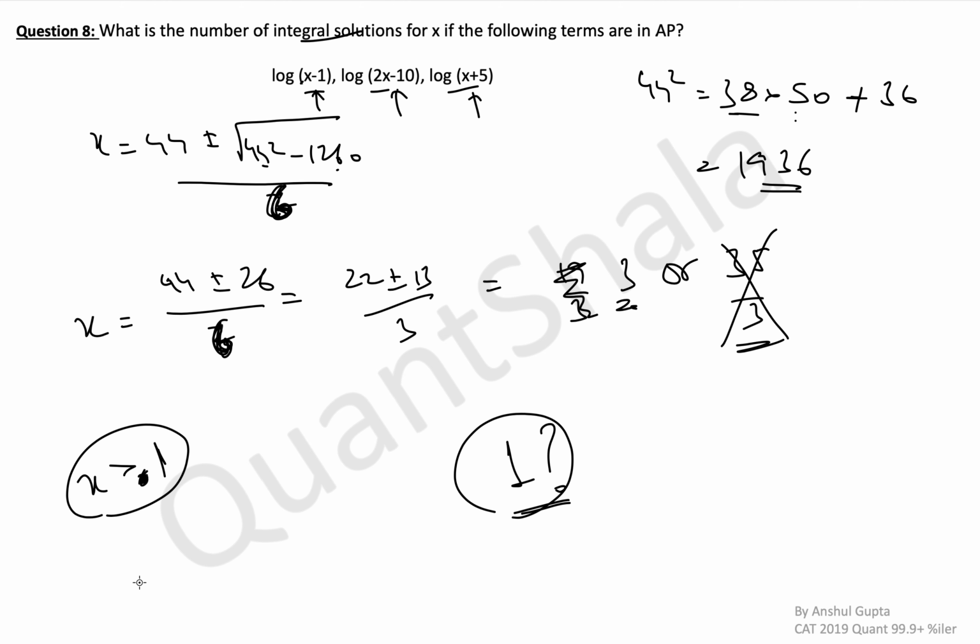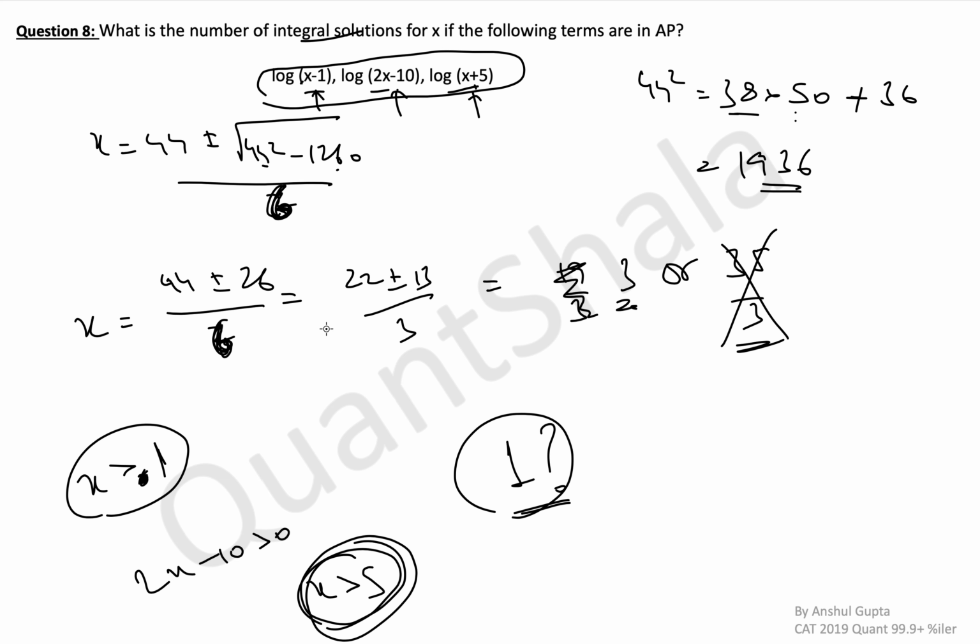For this one we have 2x minus 10 greater than 0, so x has to be greater than 5. And this means x has to be greater than minus 5. So x greater than 5 means any solution has to satisfy that for this to be valid. Okay, so x equal to 3 is not a valid integral solution. So the number of integral solutions for x in this case are 0.